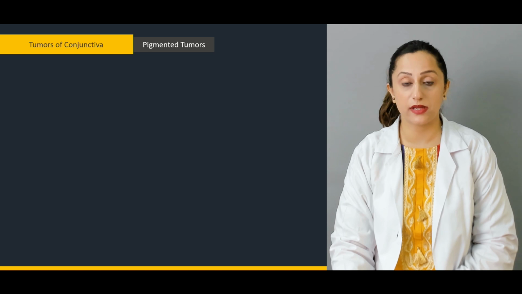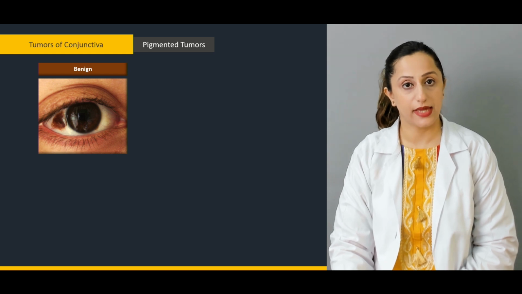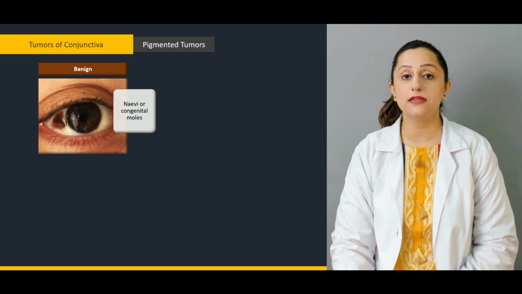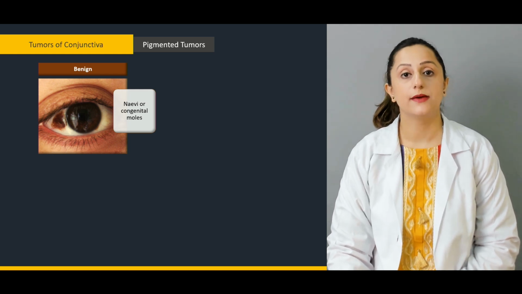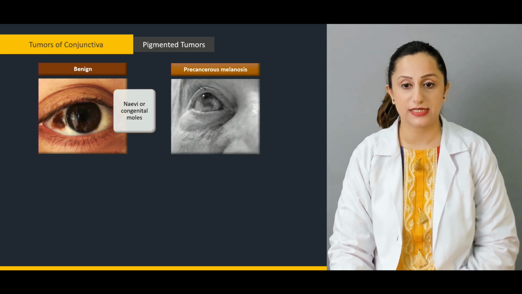Now, regarding the pigmented tumors, once we have dealt with the non-pigmented kinds of tumors present in the conjunctiva, we have another variant that gives off a brownish or blackish discoloration. We have the benign variety over here again. Then we have the nevi and the congenital moles, which are included in the benign variety of the tumorous conditions of the conjunctiva.